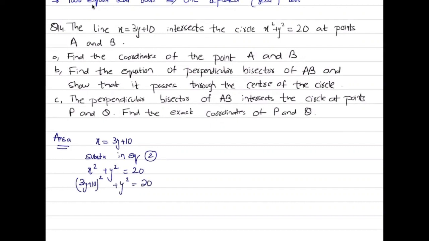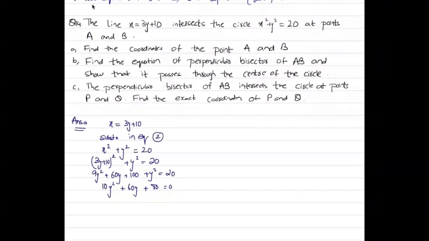Expand 3y plus 10, the whole thing squared, that is going to be 9y squared plus 60y plus 100, plus y squared equals 20. Rearrange this equation: 10y squared plus 60y plus 80 equals 0. Now you can divide the equation by 10 and you are going to get y squared plus 6y plus 8 equals 0. You can factorize this equation further.